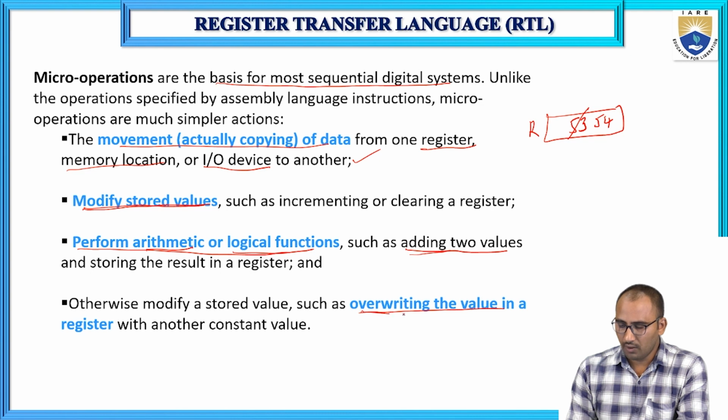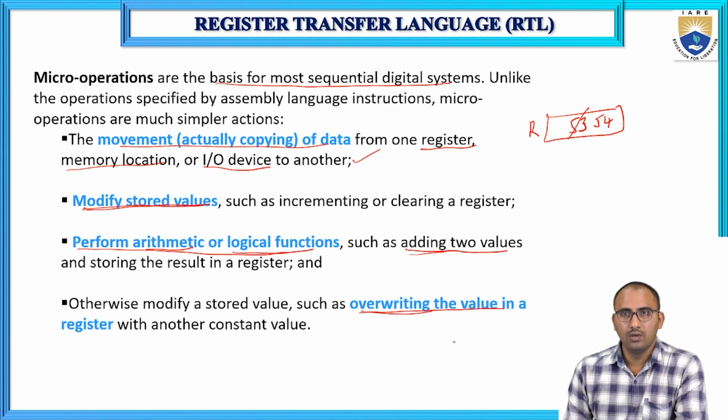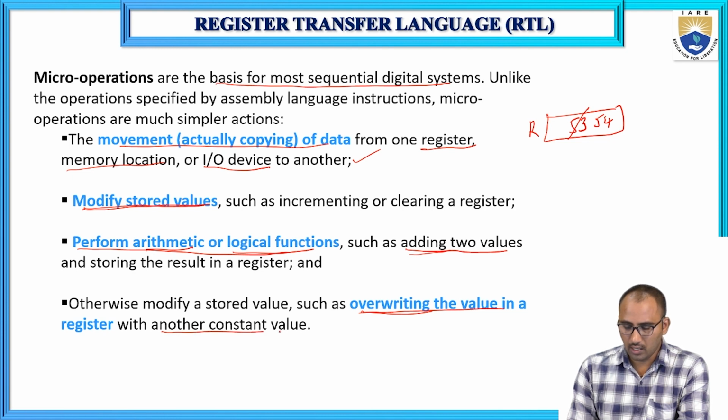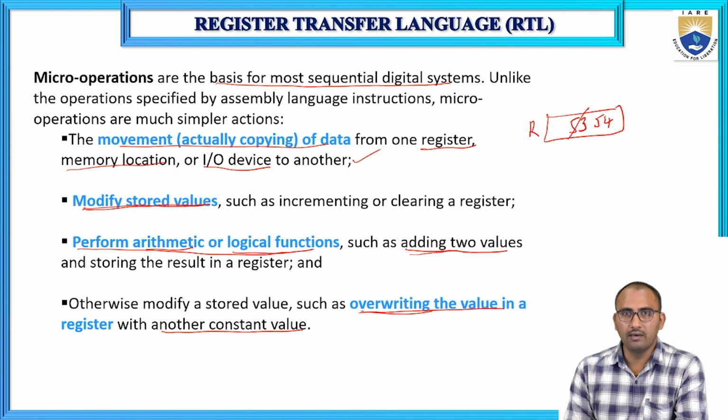And finally, overwriting the value. Overwriting means the contents of a register are replaced with a new, another constant value. That is the fourth. So these are all the different simple micro operations.